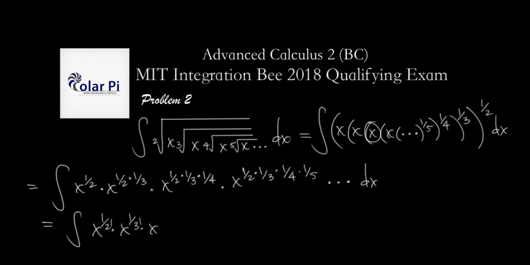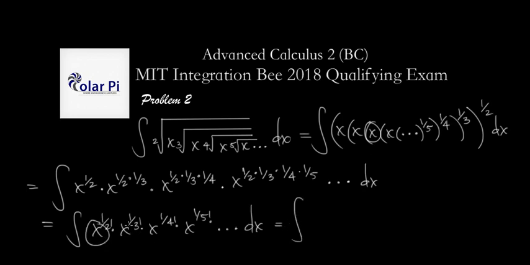I don't like that one, it almost didn't want to be written. Then times x to the 1/5 factorial, and so on, dx. Okay, that's better.